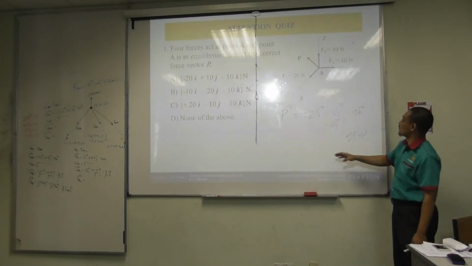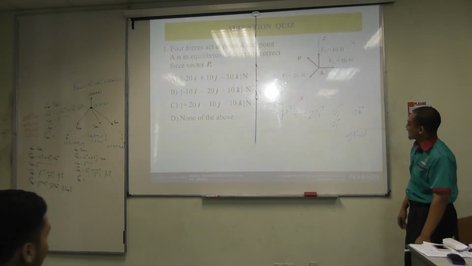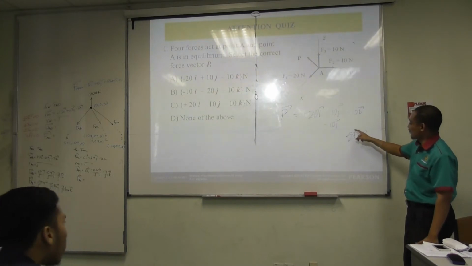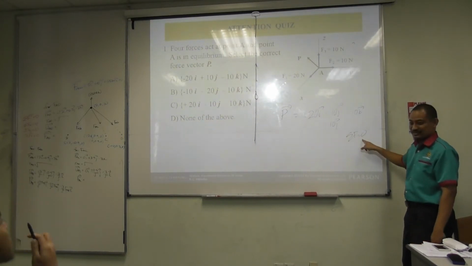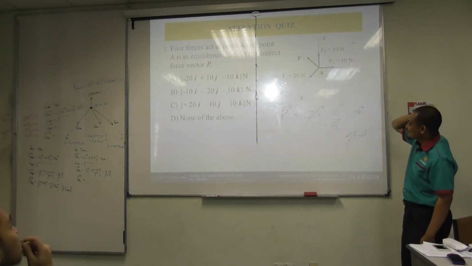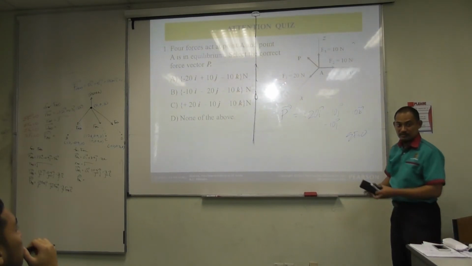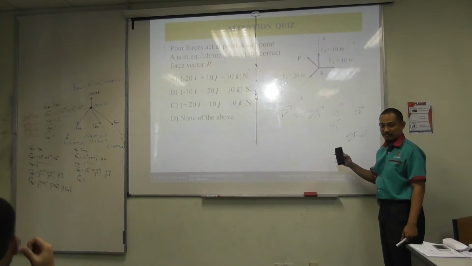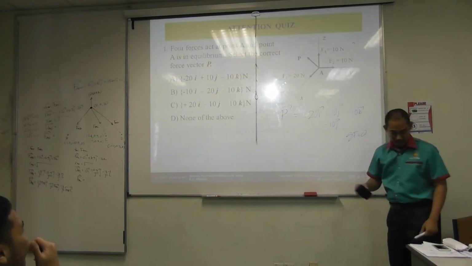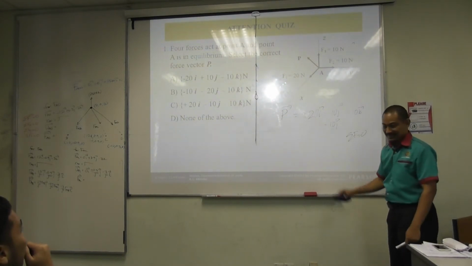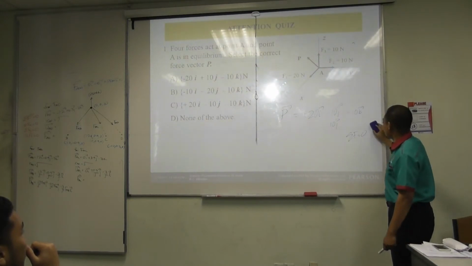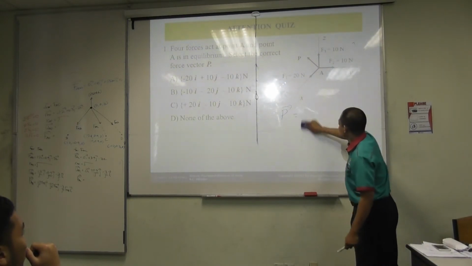Meaning the summation of everything must be 0, right? So in that case, X will be what?